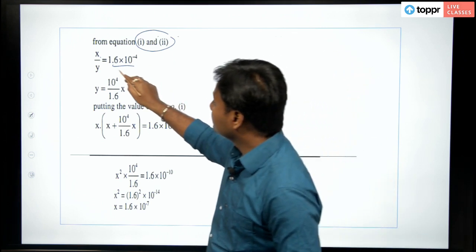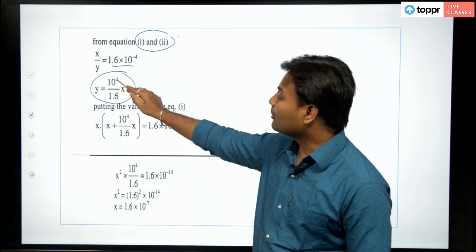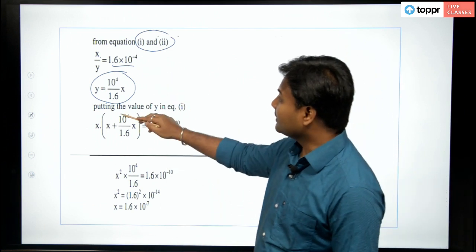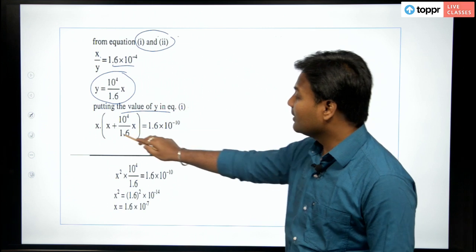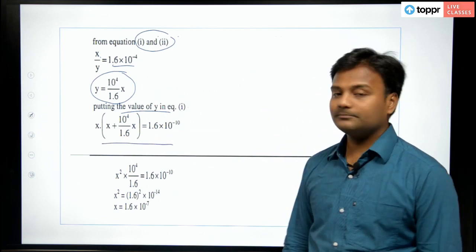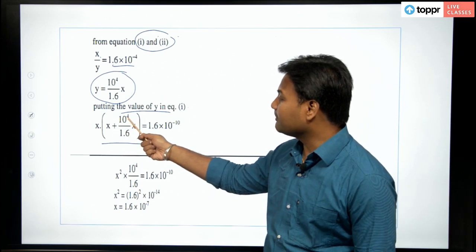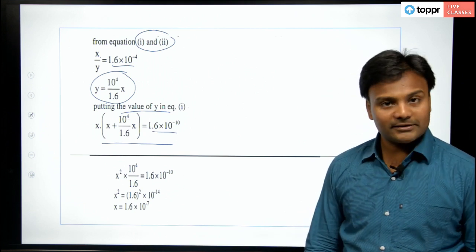Now you can see y equals 10 power 4 by 1.6x. Putting the value of y in equation 1, a very simple substitution, we get x plus 10 power 4 by 1.6x, which is 1.6 into 10 raised to minus 10.